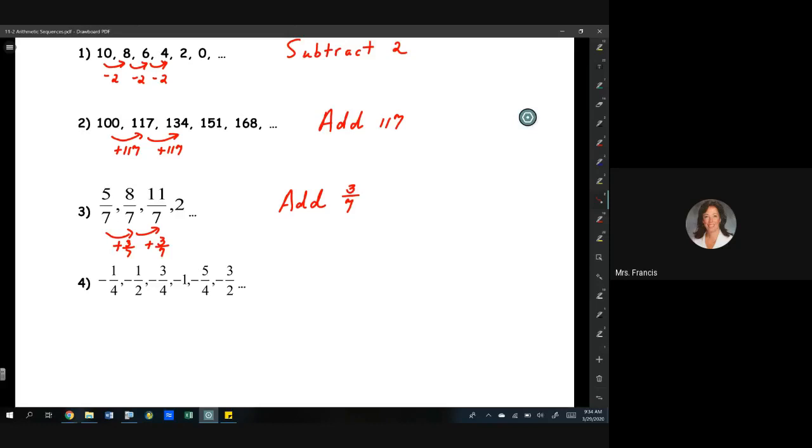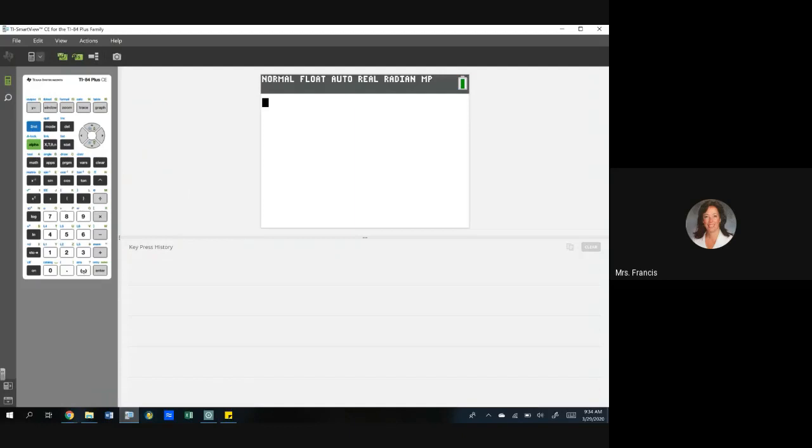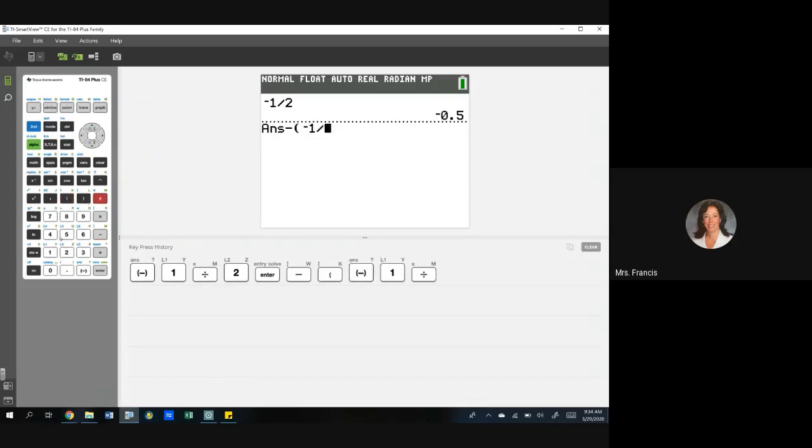What you could do is -1/2 minus 1/4. So let's try that out in our calculator. -1/2 minus 1/4, and we're going to get -0.25.